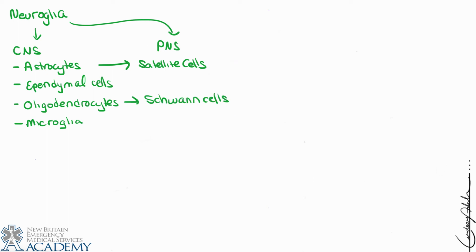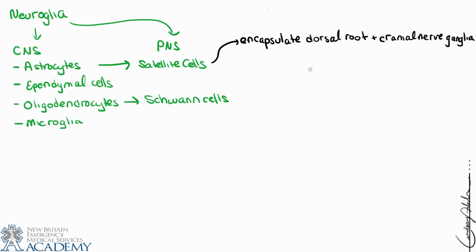So let's take a look at the satellite cells first. So they encapsulate the dorsal root ganglia and the cranial nerve ganglia. I know this doesn't really mean anything yet, but it's a fancy way of saying a bunch of cell bodies in the peripheral nervous system.